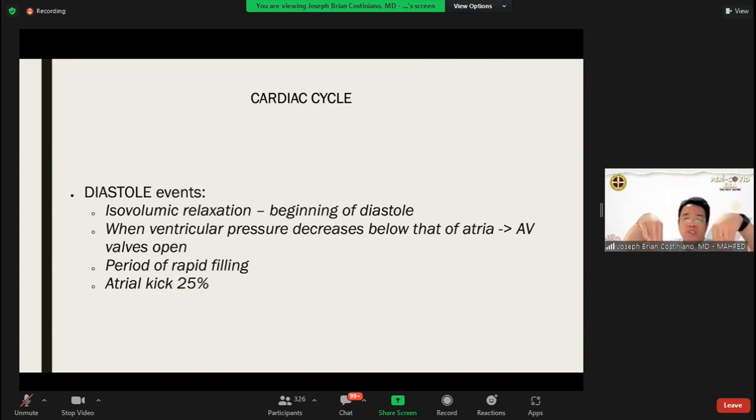Mag-o-open siya. And when it has opened, then that will produce rushing of the blood, and the rushing of the blood will give you 80% of the filling. That's your period of rapid filling. And then your atrial kick will just give 20 to 25% of the filling.